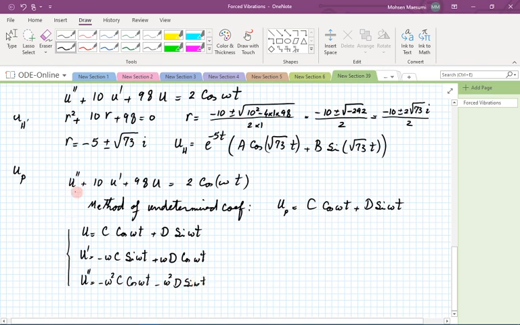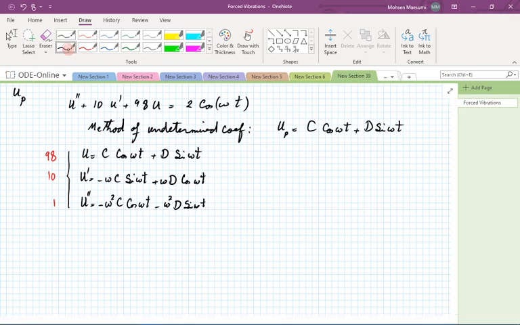What is the mixture formula? The mixture formula is to use 1 of this and 10 of that and 98 of this. Peculiar numbers, but that's what it is. So I'm going to take 1 of this, 10 of all of these things, 98 of all of that, equate to that. But when I'm combining this, I might as well collect my sines and cosines in different baskets.